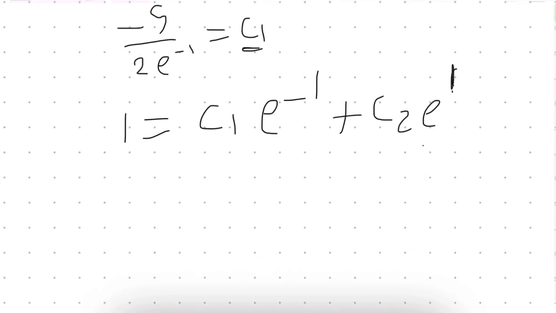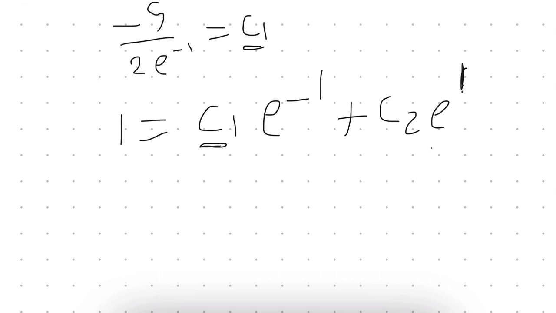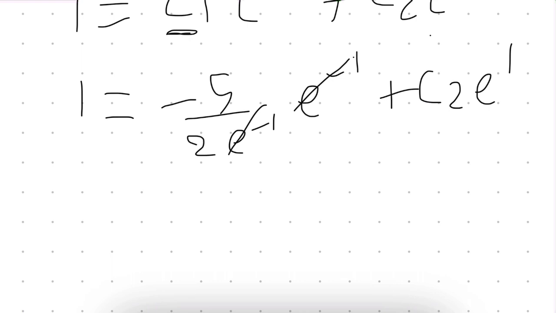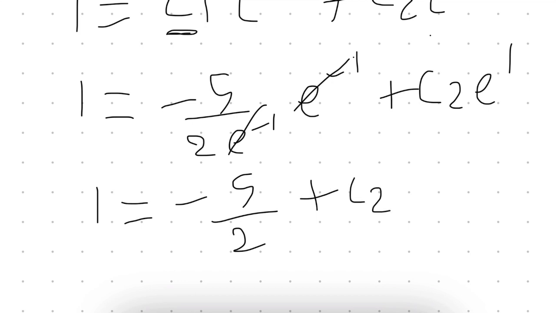So we're just going to replace C1 in there. 1 equal minus 5 over 2e minus 1, e minus 1 plus C2e1. Those two cancel each other. So what's left is 1 equal minus 5 divided by 2 plus C2e1.